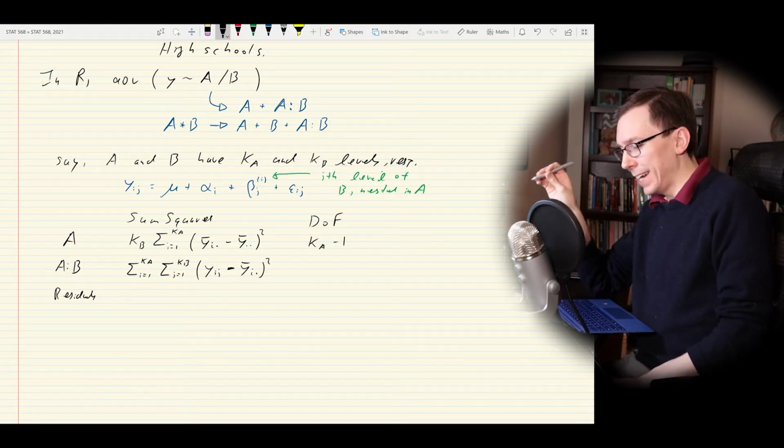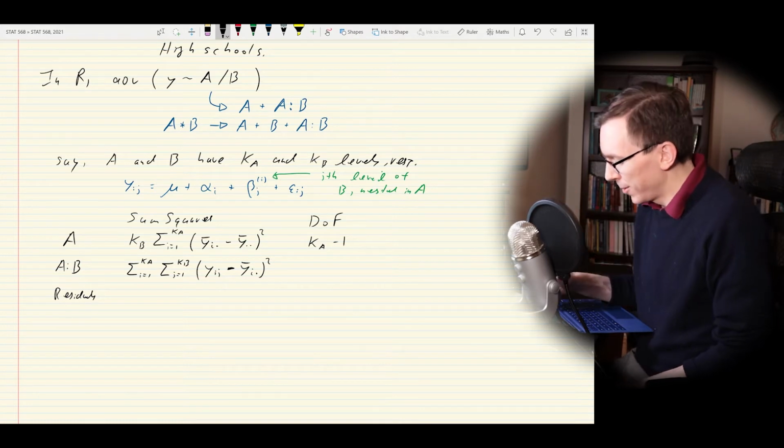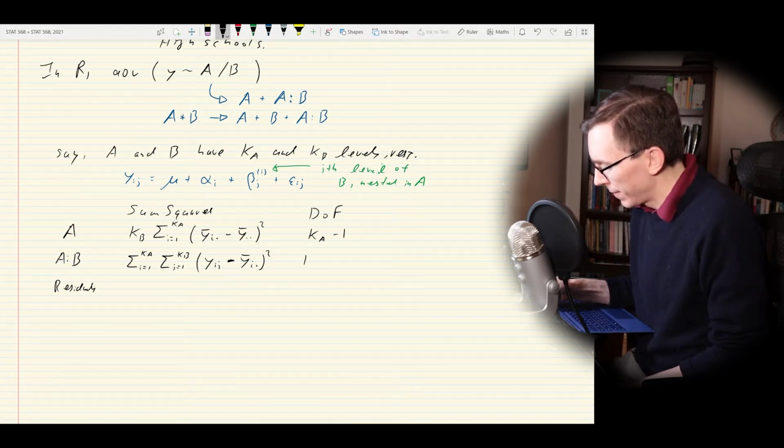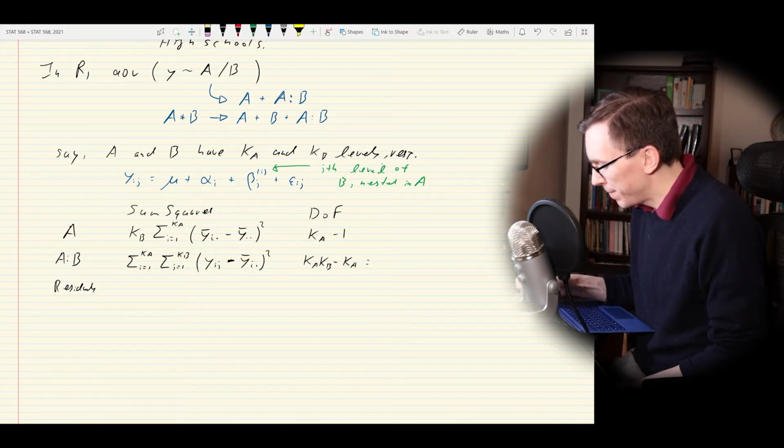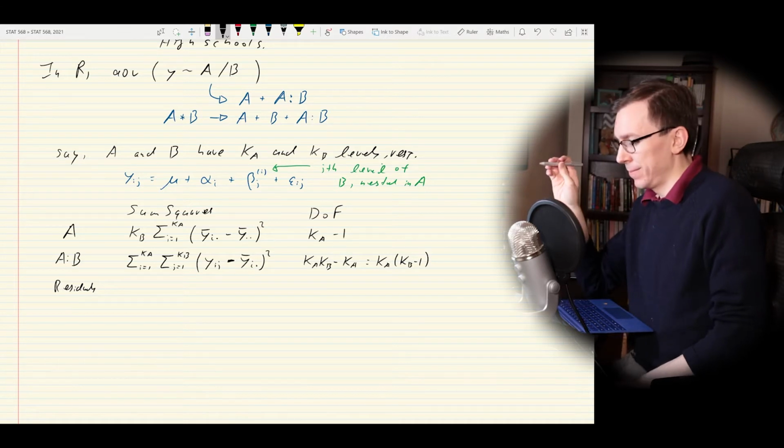And in this case, we're going to have degrees of freedom Ka Kb minus Ka, which is going to be Ka times Kb minus 1.